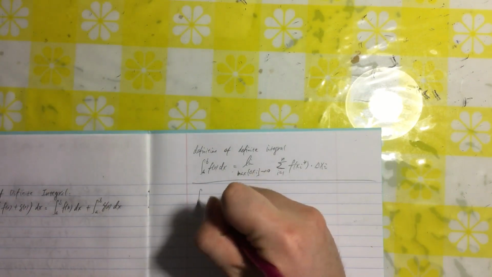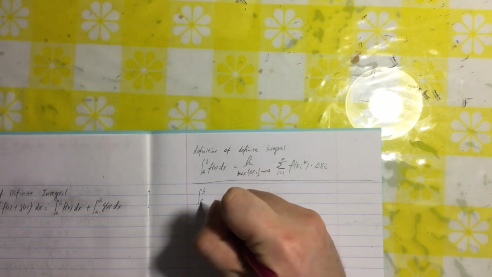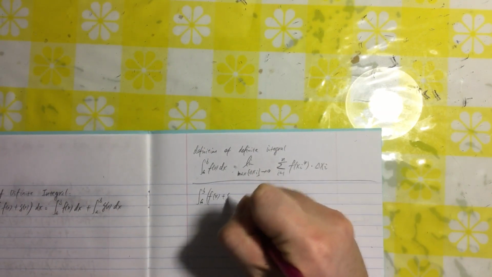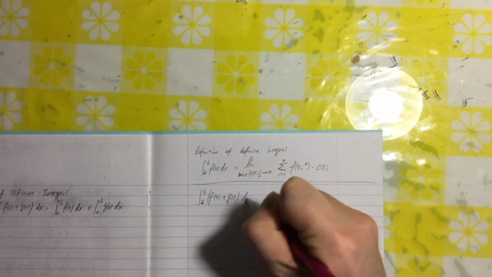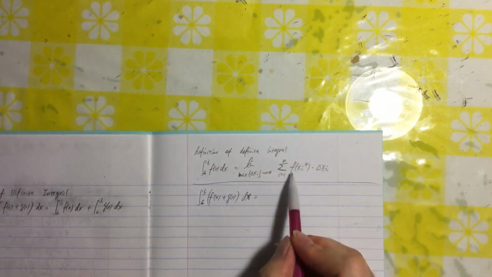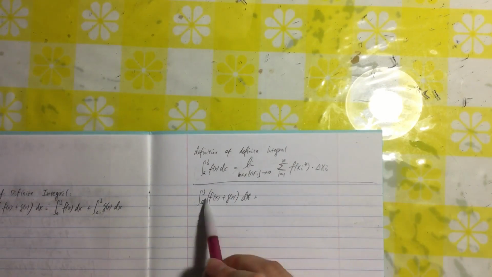If we have integral from a to b, f of x plus g of x dx, what do we get? Instead of function f here, I plug in f plus g for f.